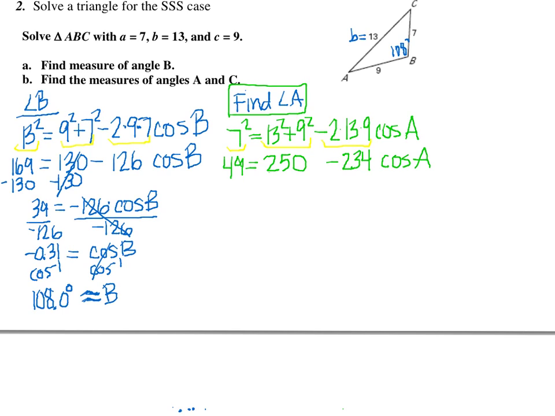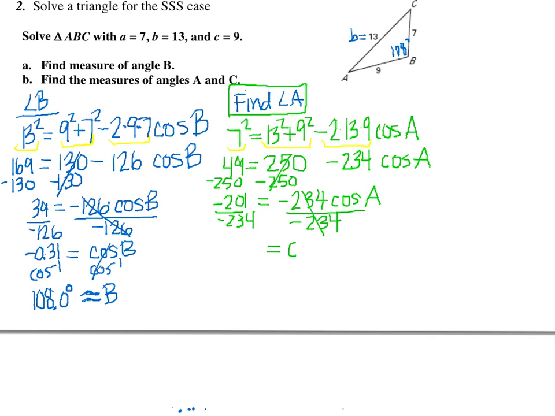So first we move that 250, and we're going to move it by subtracting it from both sides. So 49 minus 250 is negative 201, and that equals negative 234 times the cosine of angle A. Those two things are multiplied, so to undo the negative 234, we now need to divide. So those cancel. I'm left with the cosine of A on the right side.